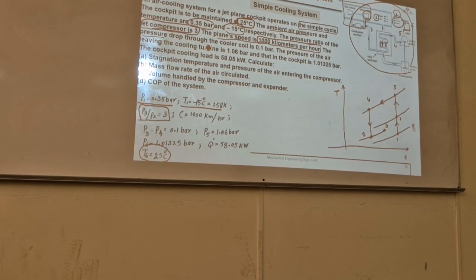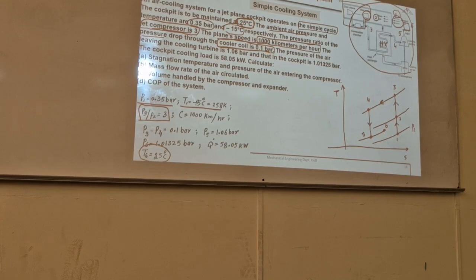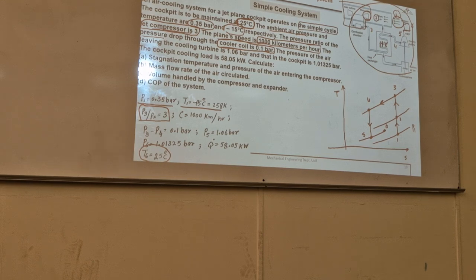The pressure drop through the cooler coil, which process? The pressure drop in the cooler coil is 0.1 bar. Where is it? Yes, 3 to 4.